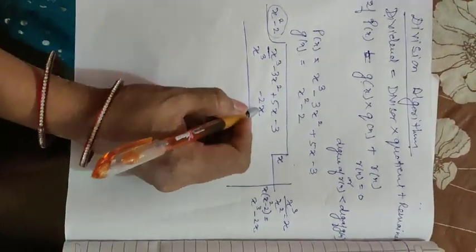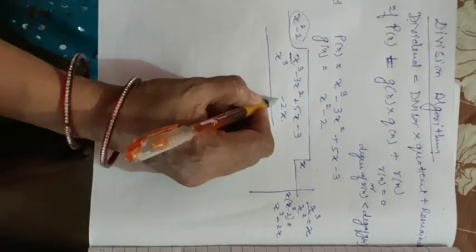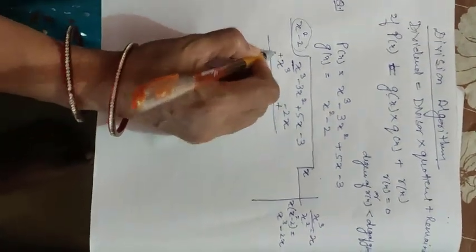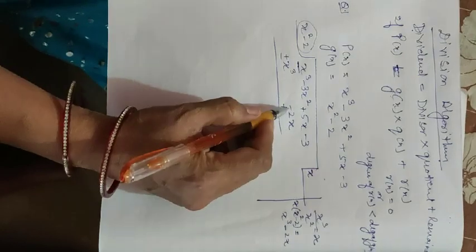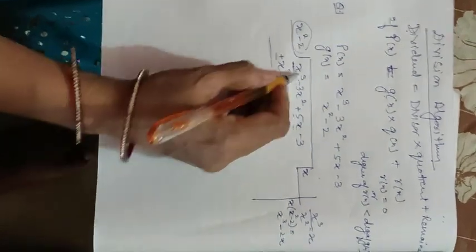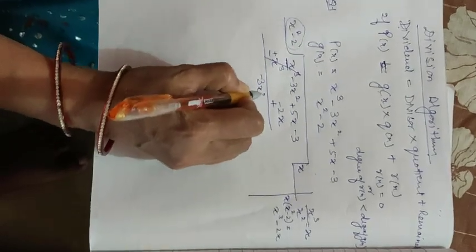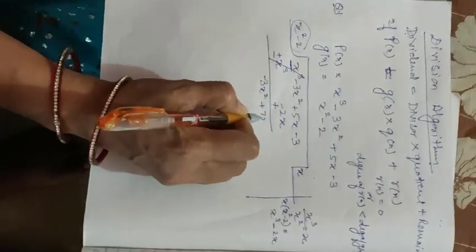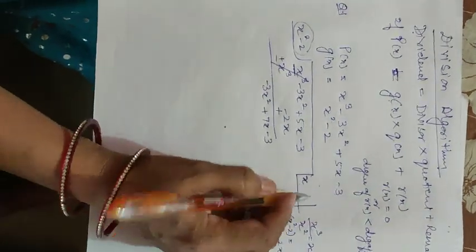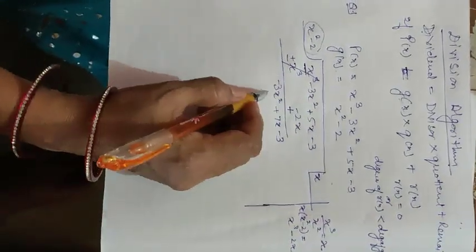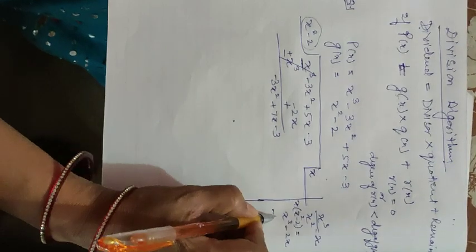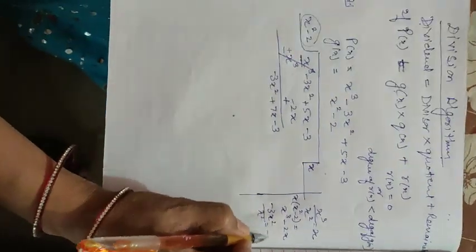Now we will subtract them, and when we subtract, their sign reverses. Plus will become minus, and minus will become plus. So x cube will be cancelled out. We are left with minus 3x square plus 7x minus 3. Now with what to multiply next? I will divide minus 3x square again by x square, so I obtain minus 3.